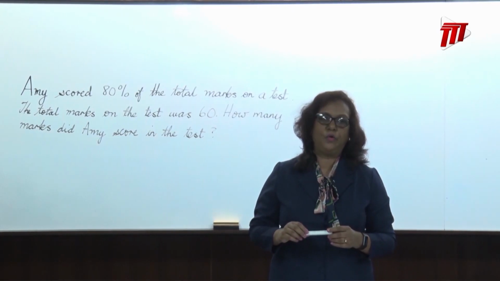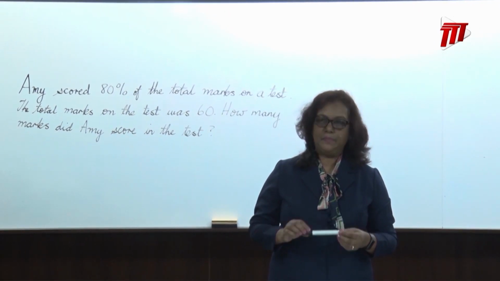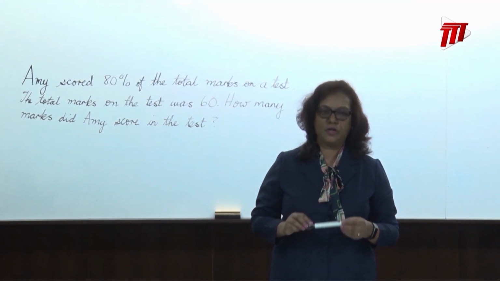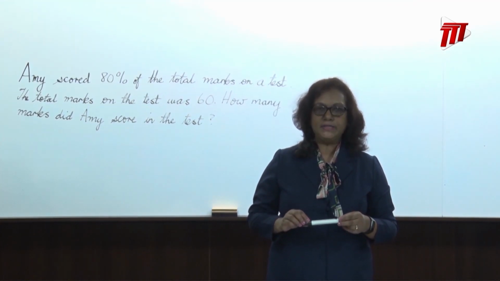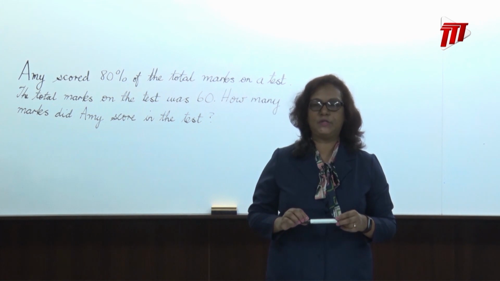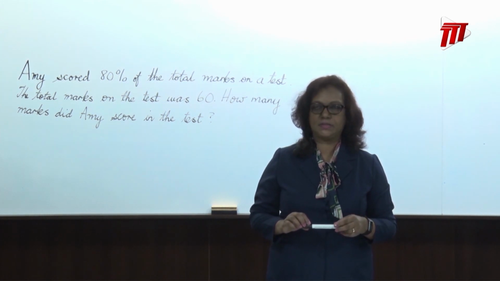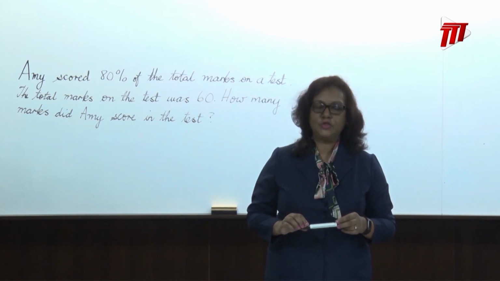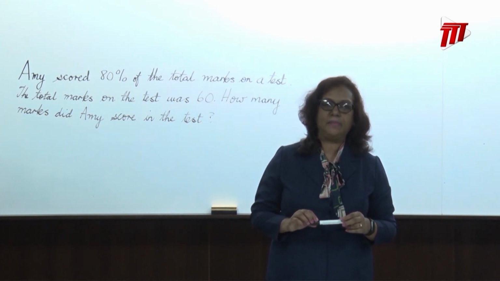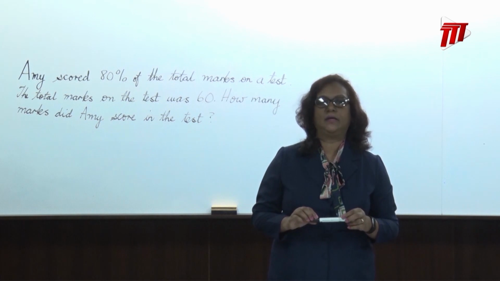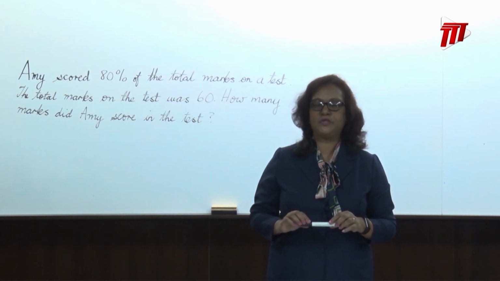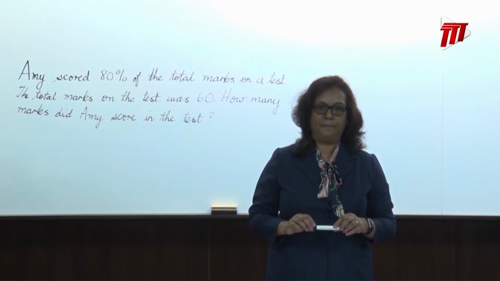So how are we going to calculate simple percent of quantities that are not 100? Boys and girls, what we have to do is to use equivalent fractions. So what we are really doing is finding equivalent fractions that are the same as the percent that we want to find. And I'm going to demonstrate this using a problem.